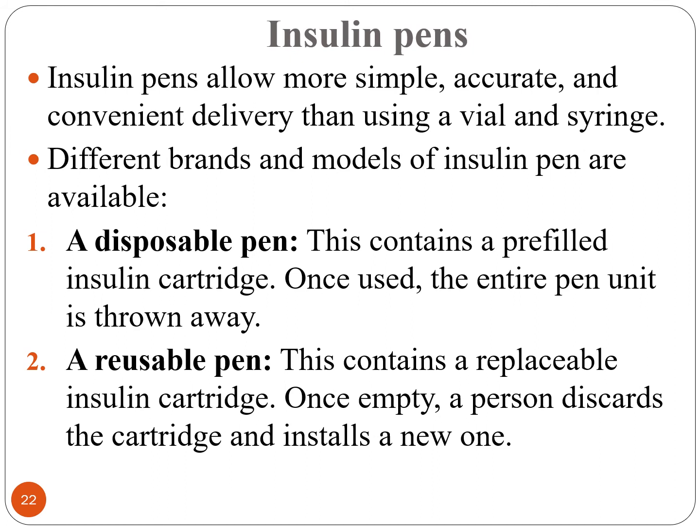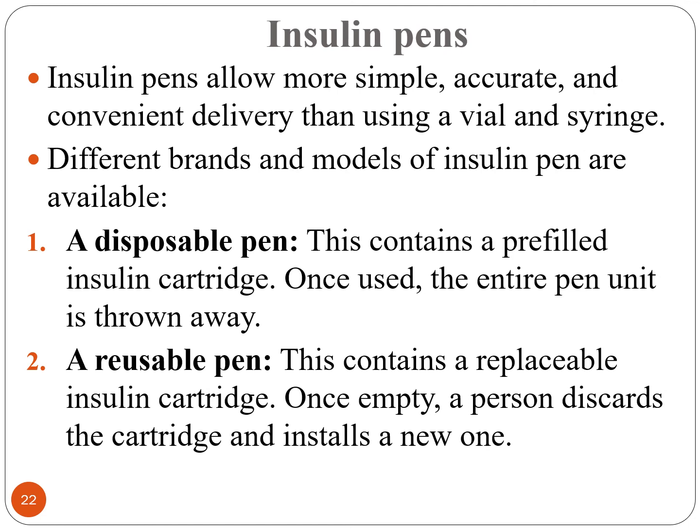There are different brands and models of insulin pens available, such as the disposable pen. This contains a pre-filled insulin cartridge. Once used, the entire pen unit is thrown away. And a reusable pen. This contains a replaceable insulin cartridge.